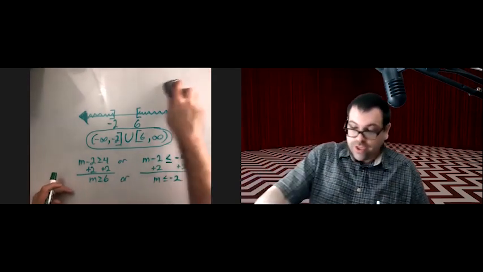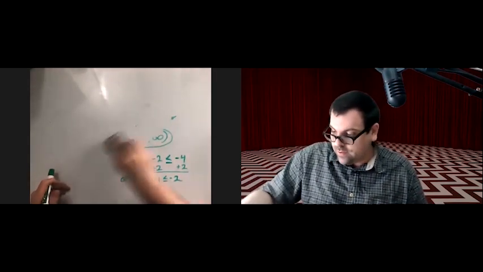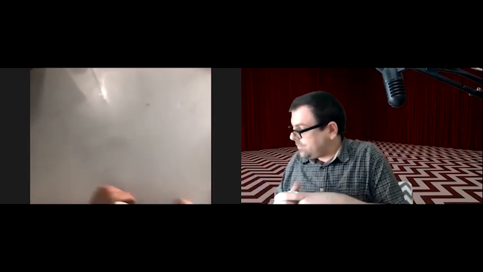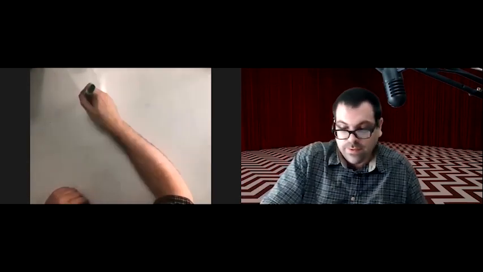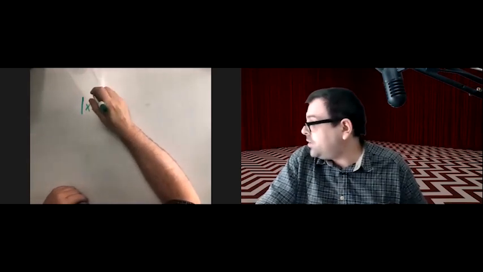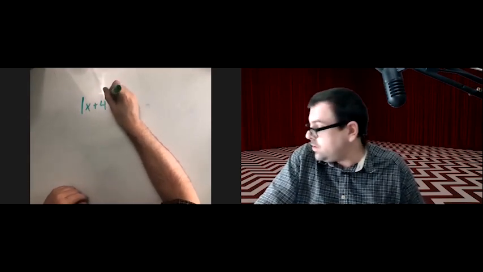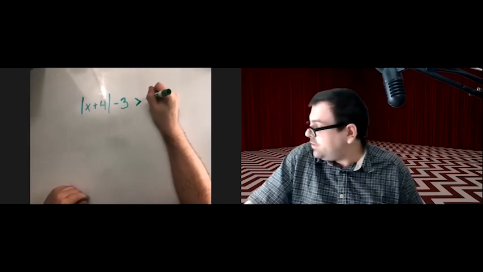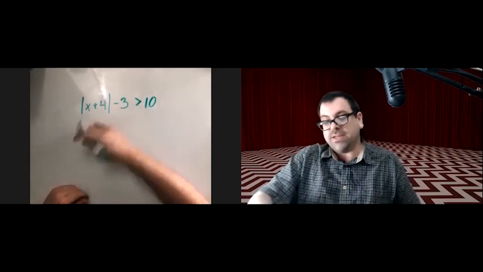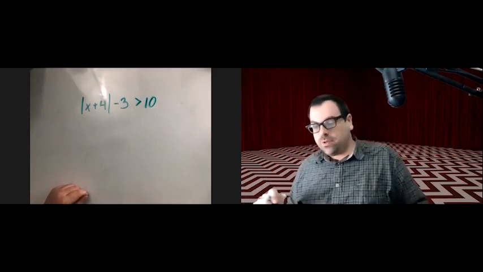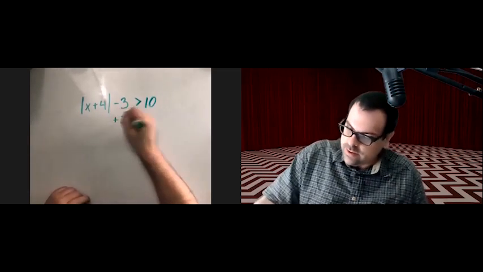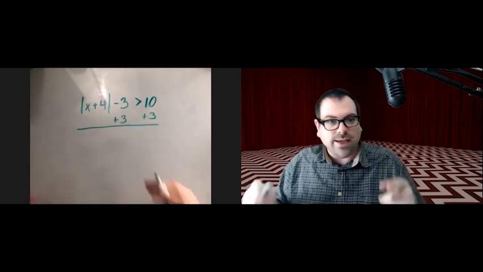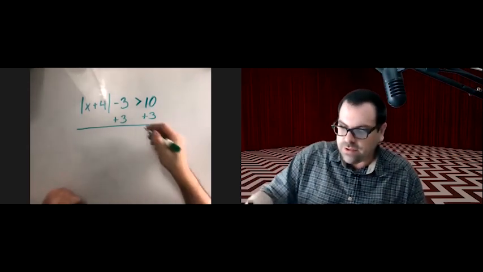Let's look at another one. Let's come to our absolute value of x plus 4 minus 3. This time we'll have it greater than 10. Last time we did one like this, it was less than or equal to. I can start doing the steps a little faster because we know they're the same. Isolate that absolute value first.